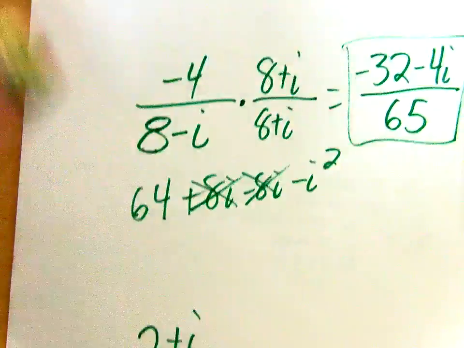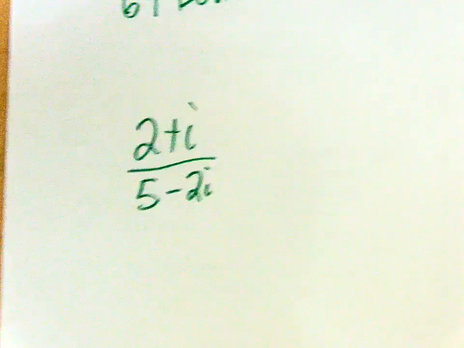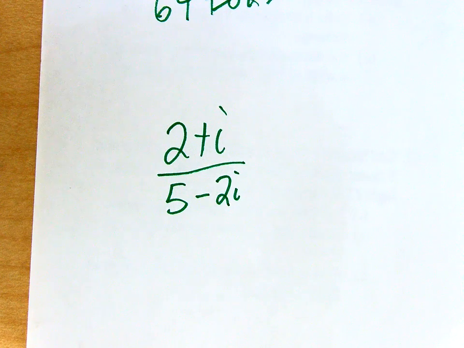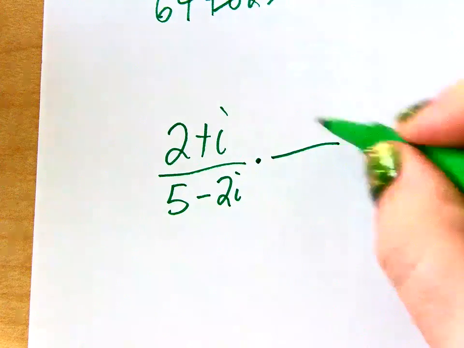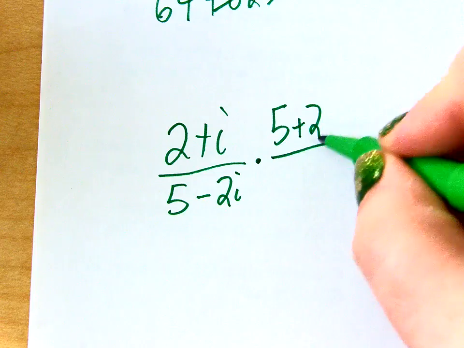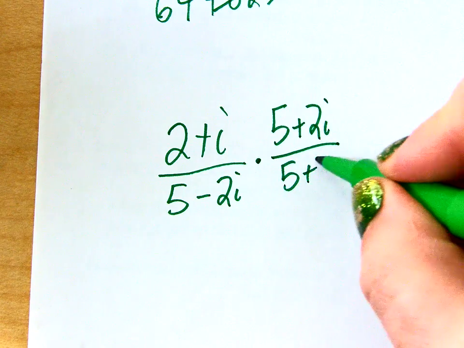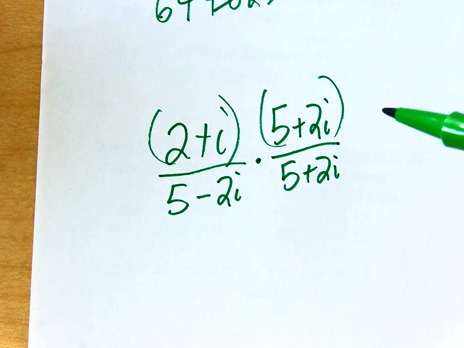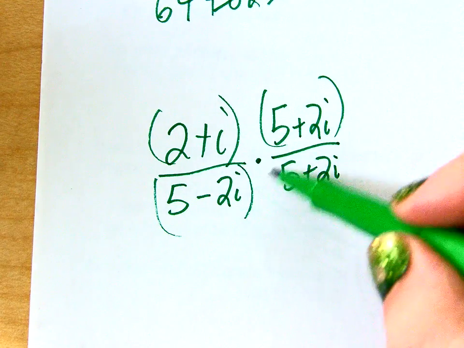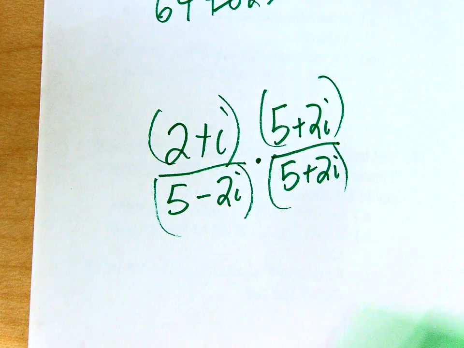Whoa. Okay, so say I'm here. How are you going to start? Yeah, I'm going to start by multiplying by 5 plus 2i on the top and bottom. The only difference this time is that the top and bottom both need to be FOILed, right? Because they're both binomial times binomial.